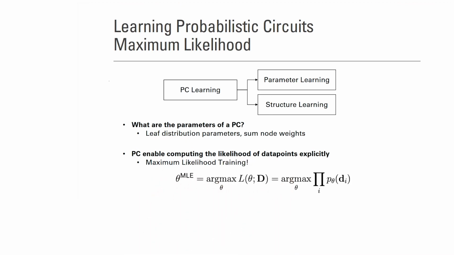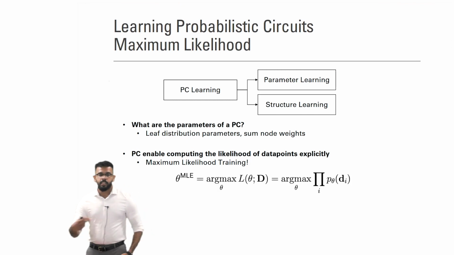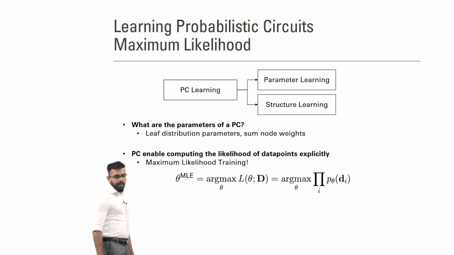And the structure is basically the structure of your computational graph. Now structure learning is a hard problem, because if you want to do tractable inference for the queries you are interested in, you cannot have arbitrary structures, right? It's structure learning with constraints, because you want to ensure that properties such as decomposability, smoothness, determinism, etc., are satisfied by the structure that you are constructing, right?